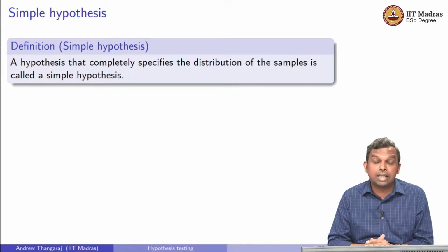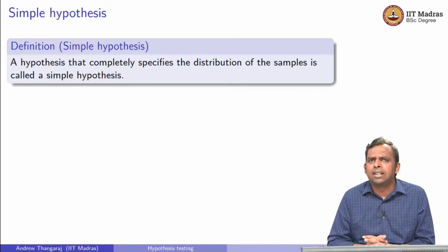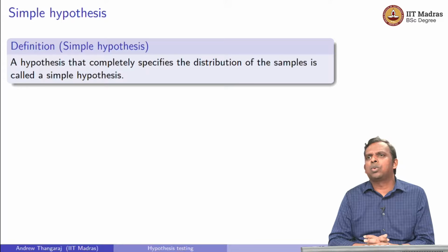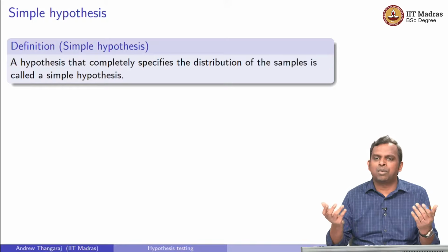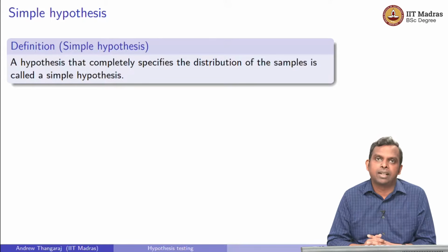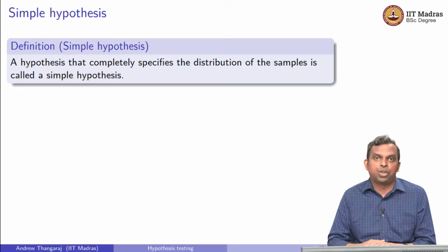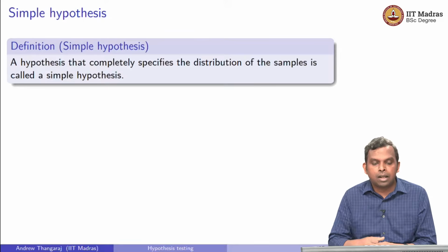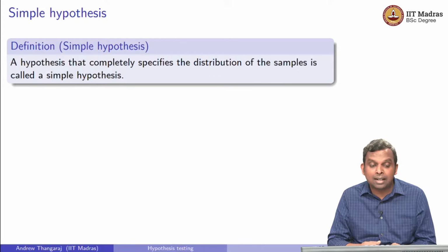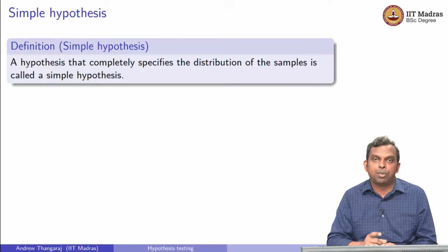The first thing is to classify the hypothesis itself. So far we said the hypothesis makes some assumption or states something about the distribution of x. You have n IID samples and you want to make some statement about the distribution of x. That's your hypothesis. Some hypotheses are said to be simple. A simple hypothesis will uniquely specify one distribution for you.